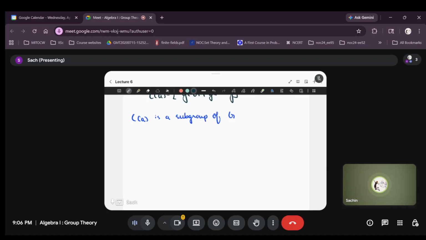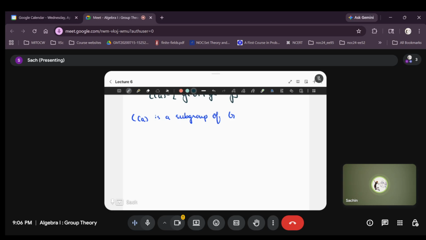So since A is an element of the group, it also commutes with A. So any element in the center will be an element of C of A for all A.